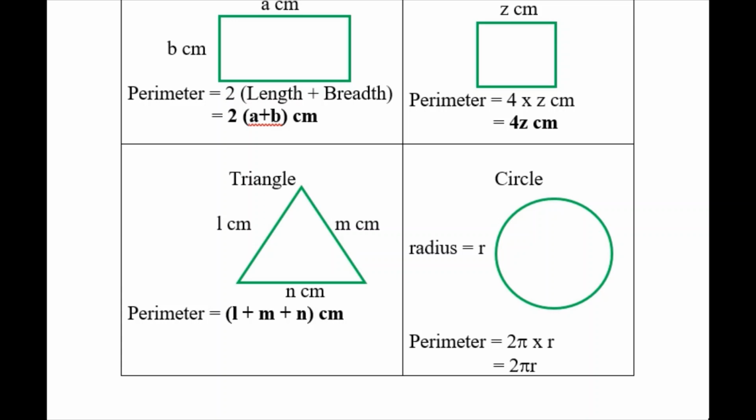The pi value is 22/7, or sometimes we might say it's 3.14. But for simplifications, it's always better to keep in mind that pi is equal to 22/7, because it might make your simplifications easier than using 3.14.